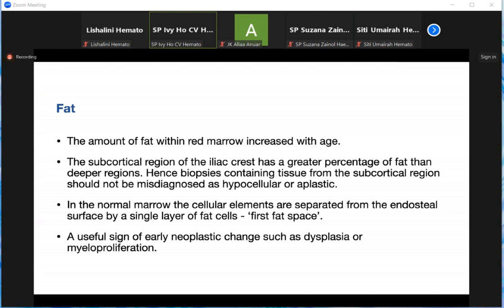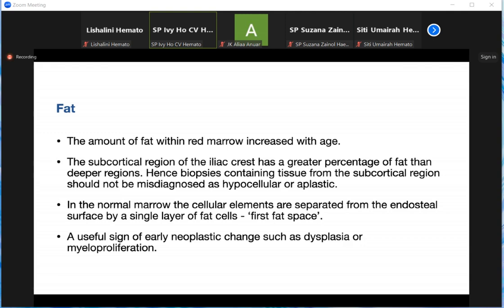We omit the first 2-3 marrow spaces and look further down to assess the cellularity, because this region is normally low in cellularity. If we look at this region to assess cellularity, your patient's marrow will most of the time be hypocellular, or even aplastic, because there's hardly any cells there. So these are the normal variations that we have to bear in mind.